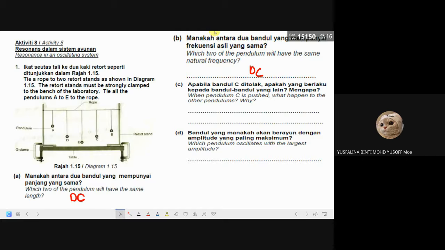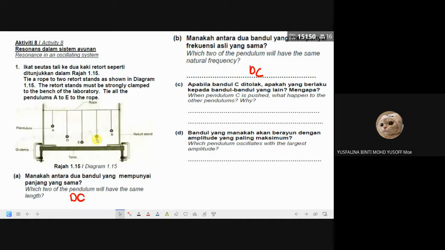So now let's say I oscillate C. I push C, so C will start to oscillate. B also will start to oscillate, E also, D also, A also. But the one that will move with maximum amplitude is D. Why? Because they have the same length, which means they have the same frequency.